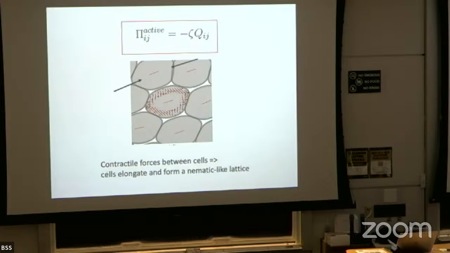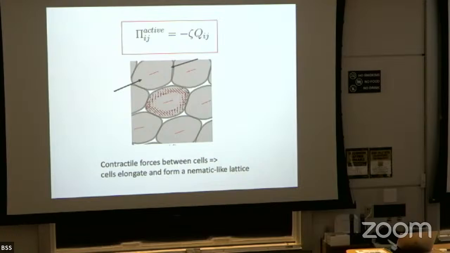Let me just tell you what happens. If I have contractile forces between cells, i.e., I put a contractile force on all these cells and ask how it affects this one in the middle. A contractile force on this cell pulls it in here and pushes it out here.